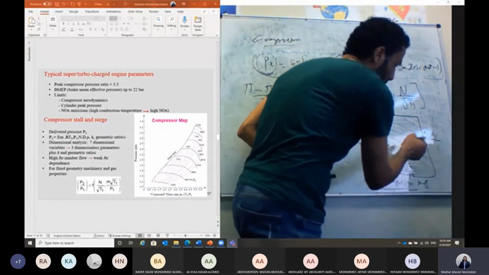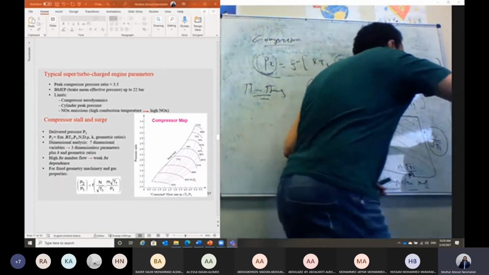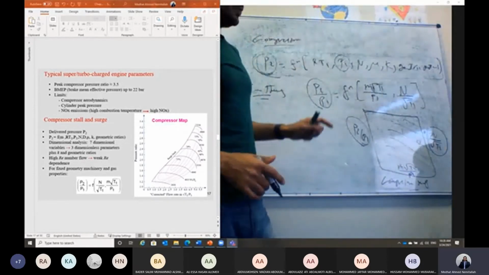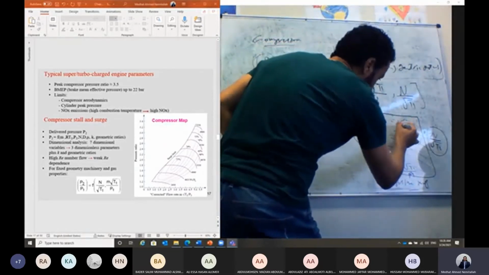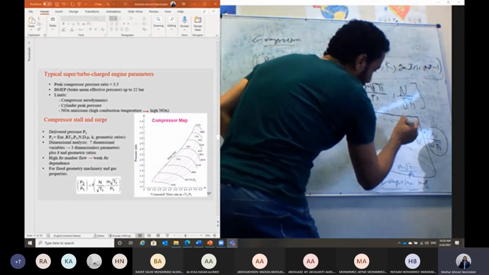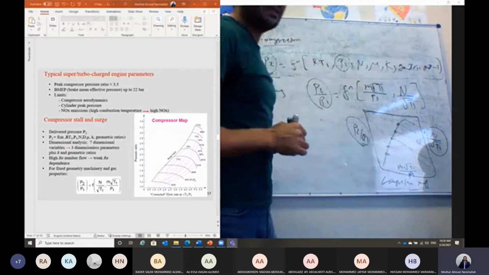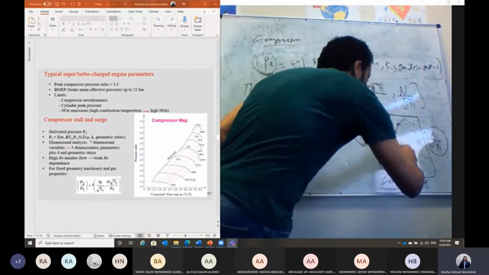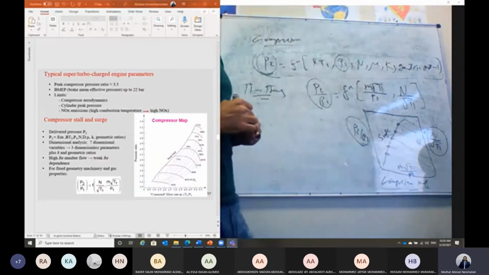Each of these lines represents a value of N divided by the square root of T1. At each operating speed, there is a minimum value for the mass flow rate that can be taken by this compressor. All the points connecting the minimum allowed mass flow rate form a line, which we call the surge limit or the surge line.